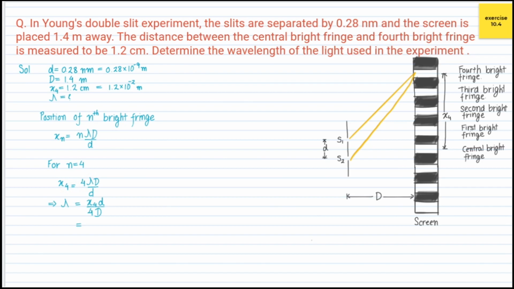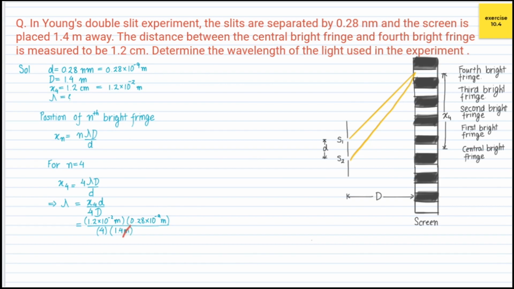So x4 equals 1.2 times 10 to the power minus 2 meters. Similarly, your small d equals 0.28 times 10 to the power minus 9 meter. On the denominator you have 4 and capital D equals 1.4 meters. Again, let's look at the SI unit.